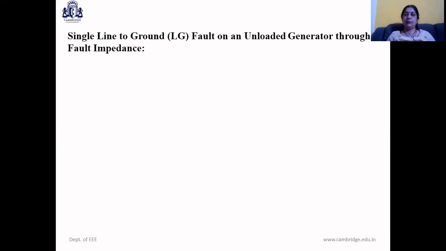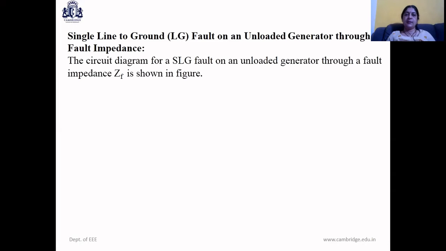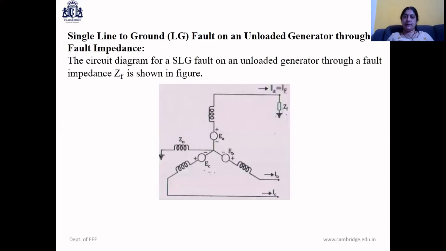The single line to ground fault on an unloaded generator through the fault impedance. The circuit diagram is represented. So in the earlier case, from the point F it was directly grounded, but now there is a fault impedance that is coming into the picture.